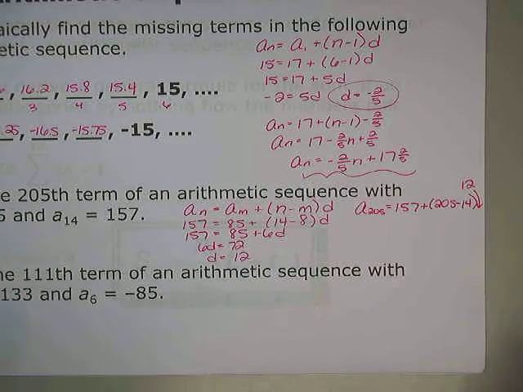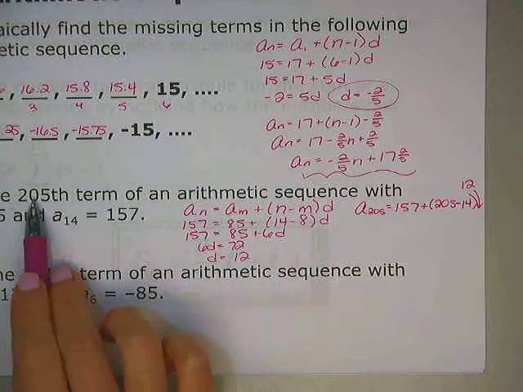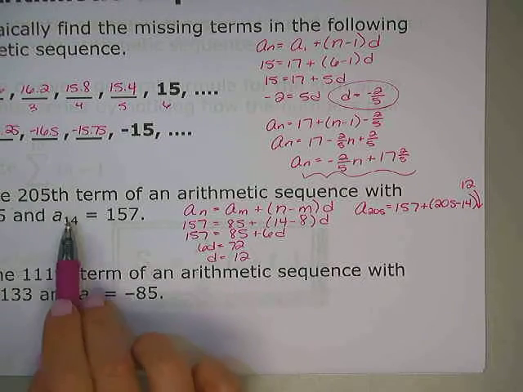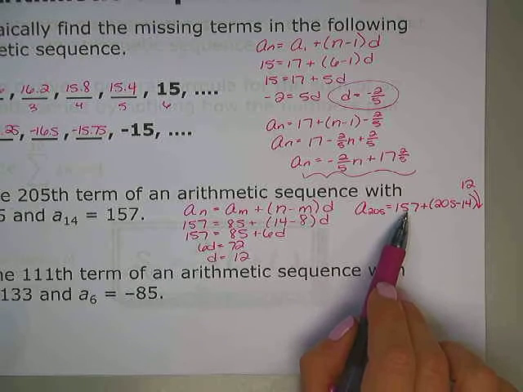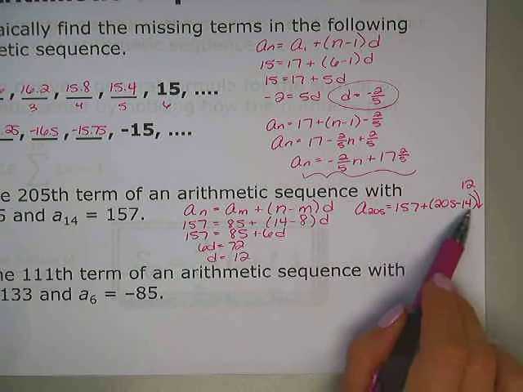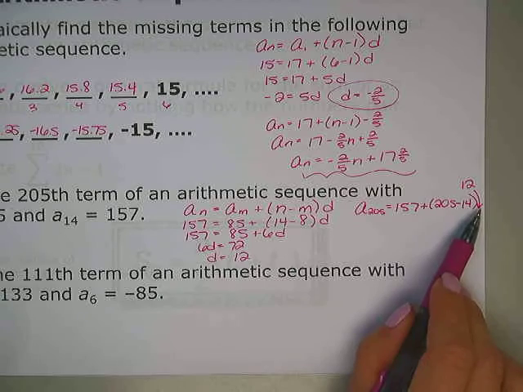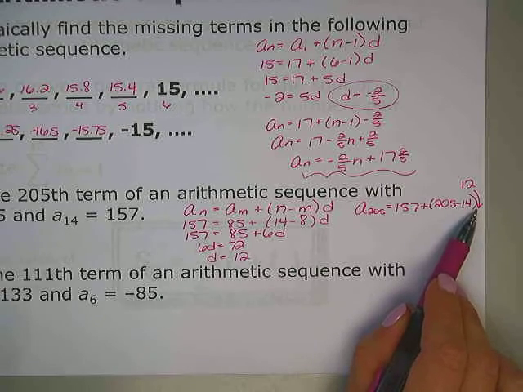So again, what I'm doing is using this formula to find the 205th term, using the 14th term in my sequence. So a sub 205 equals the 14th term, which is 157, plus my term number subtracted, 205 minus 14, times my common difference, which is 12.